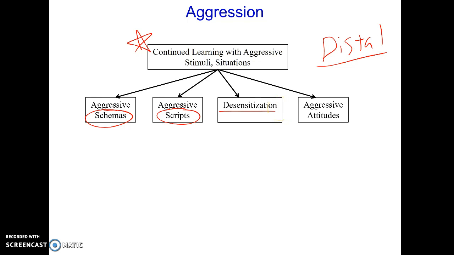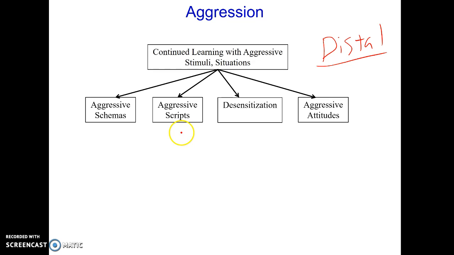Who cares? They'll get up. Aggressive scripts and schemas are going to be like, if we're in that situation again, what's going to happen? Scripts are what we evaluate. Remember, it's one of the steps in predicting behavior. And schemas are how the priming starts, how easily it is to prime you with aggression. All right? And so that's how this works.